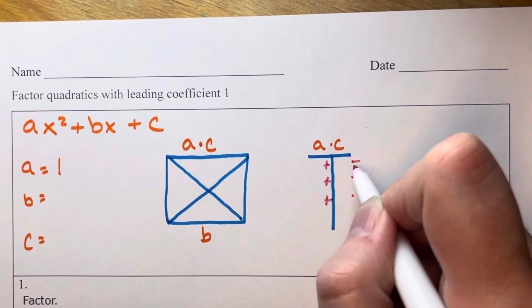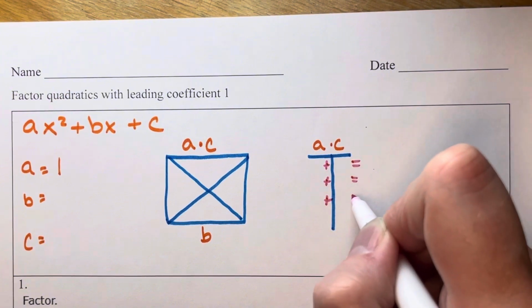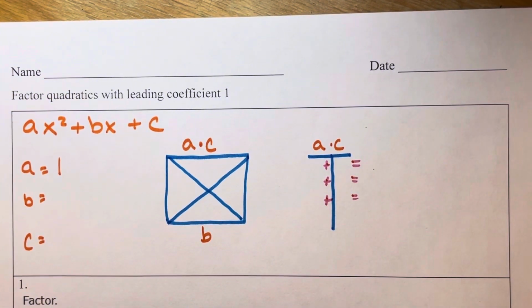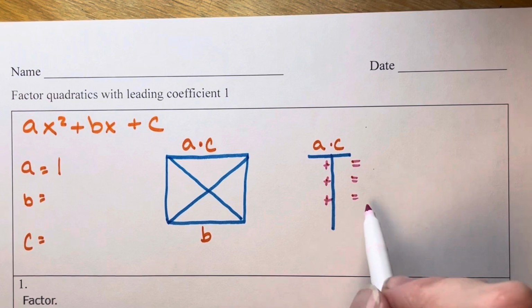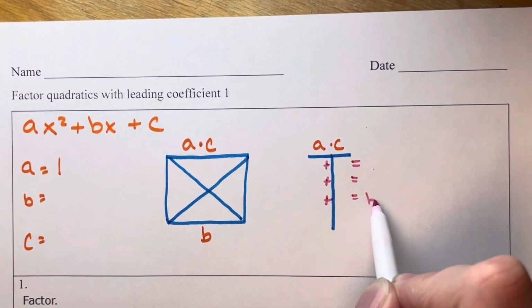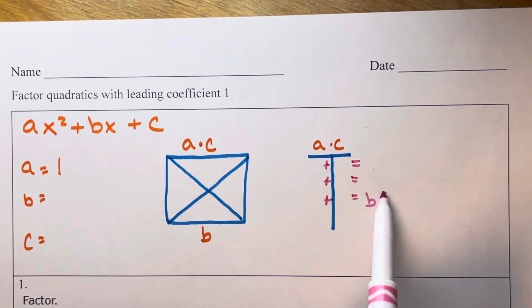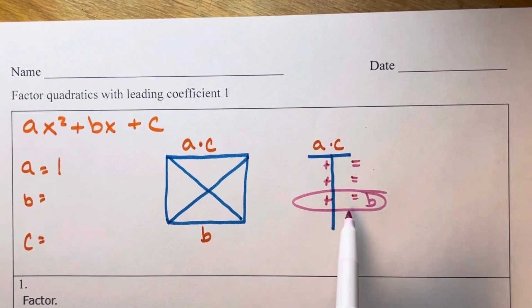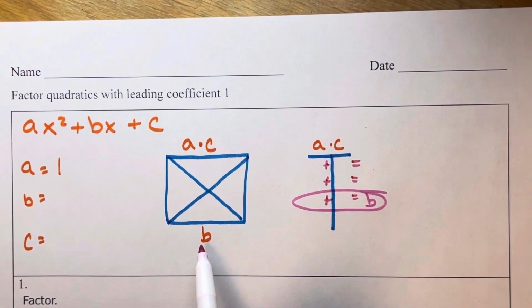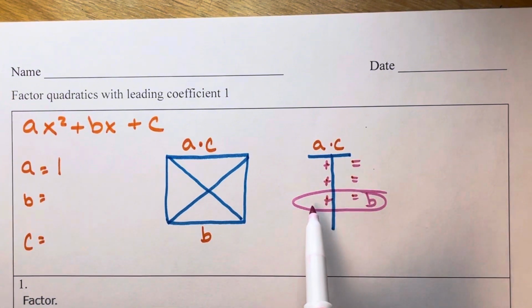You're looking for the pair that happens to make a sum of B. Whatever this sum is down here in our bottom triangle, this B, that's the pair of factors we're looking for.